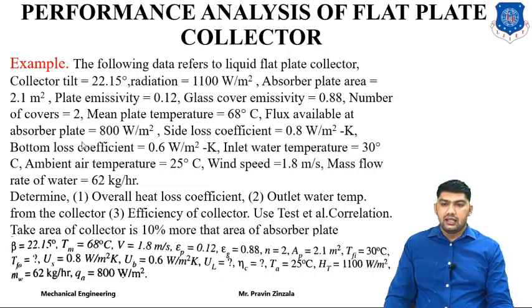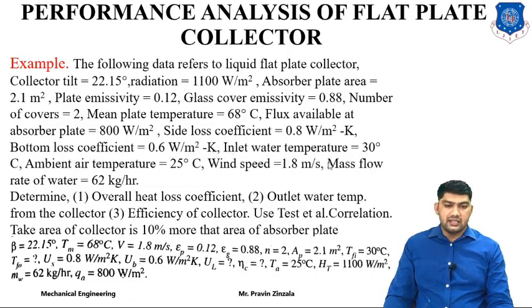Flux available at absorber plate is 800 watt per meter square, meaning the flux Q_A is already given in the data. Side loss coefficient is 0.8 watt per meter square per Kelvin, so side loss is already given. Bottom loss coefficient is 0.6 watt per meter square Kelvin.